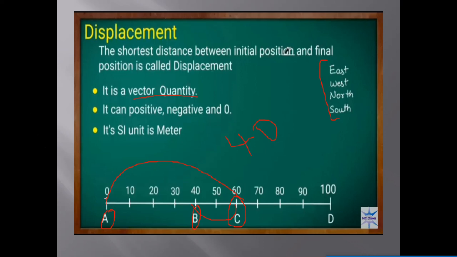When I say 0 to C, how many kilometers has it travelled? 60. So instead of taking from C to B, if I take from C to A itself, earlier it went from A to C and then again from C to A. Earlier the object was at A, now also the object is at A. Therefore, what is the shortest distance? The shortest distance is 0 km.